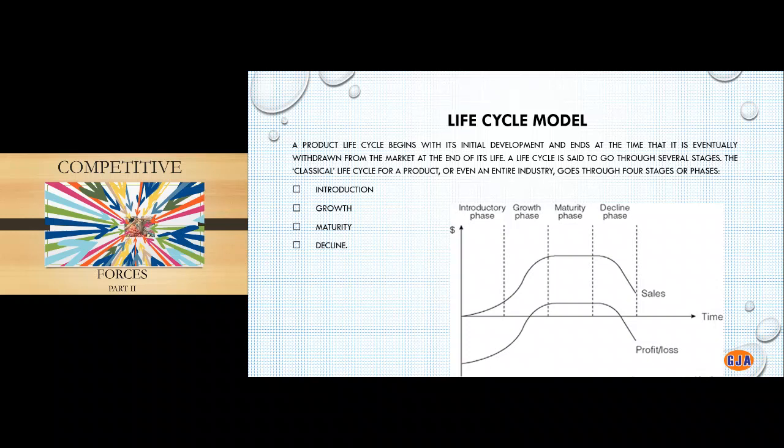The introductory stage in the life of a product. When we newly make a product and we are trying to get into the market, that is the introductory stage. We are introducing the product into the market.